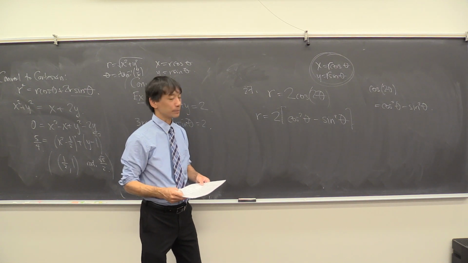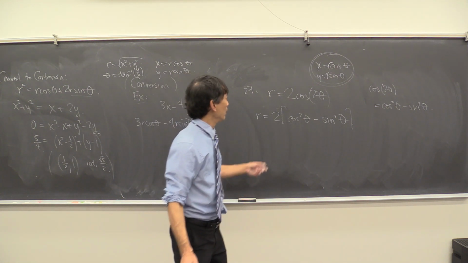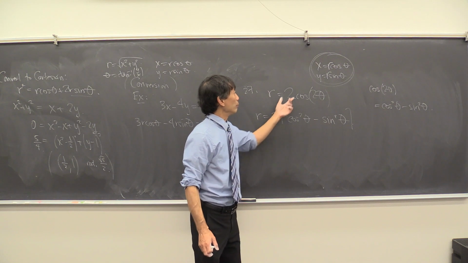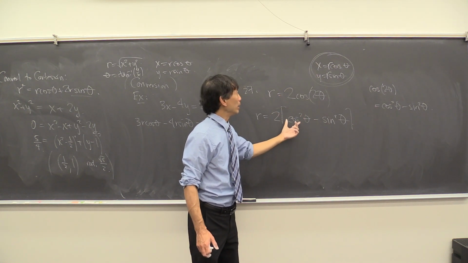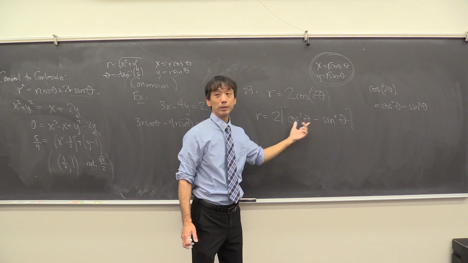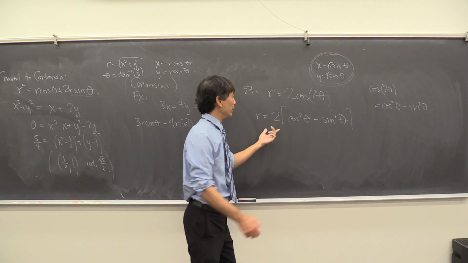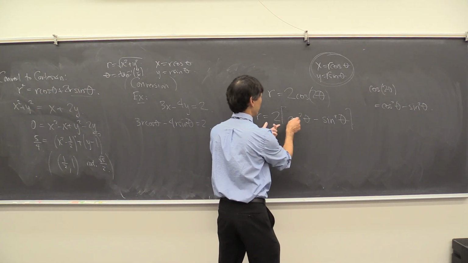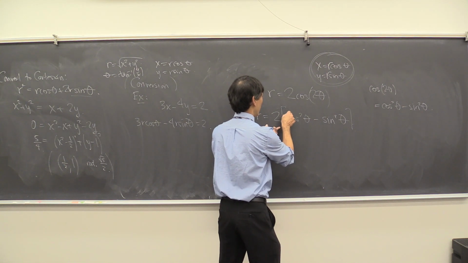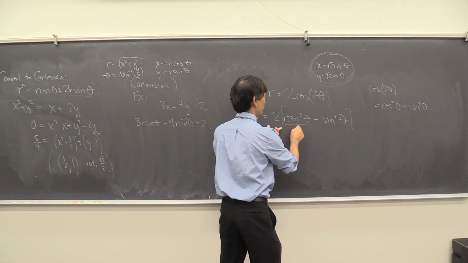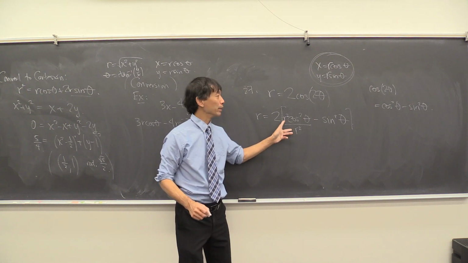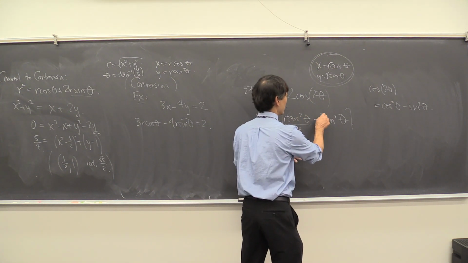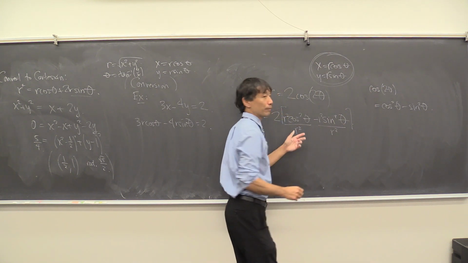We want to convert everything into x and y, so we want r cosine theta and r sine theta. So what we do is we just slide them in. We need r squared here. Well, just multiply by 1. We multiply by r squared over r squared. Multiply this guy by r squared over r squared.